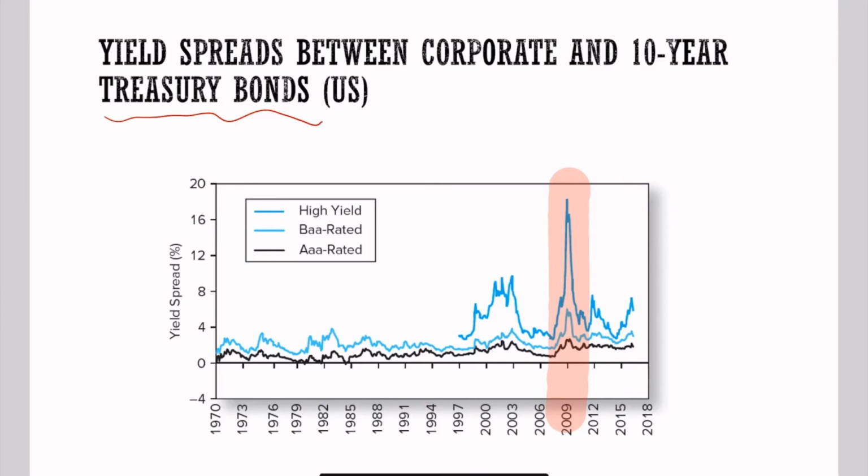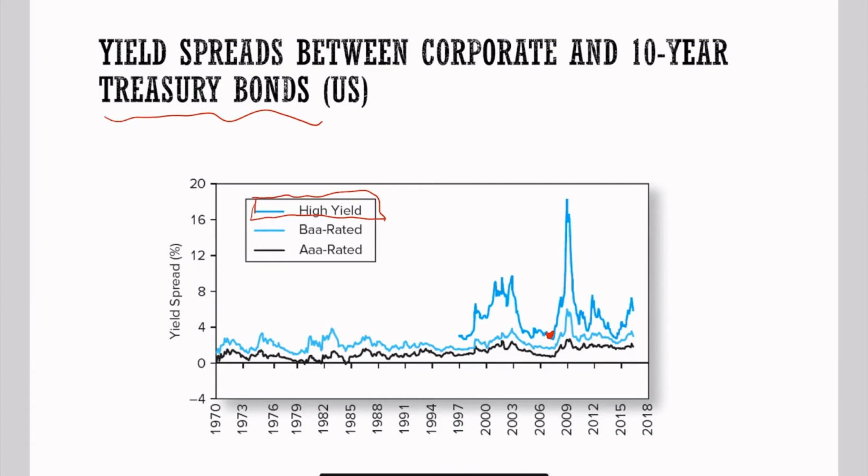You can see that the difference is actually quite large. If you look at the high yield, it's very sensitive to financial conditions. Just before the financial crisis, the high yield spread was actually very low, almost 3%.